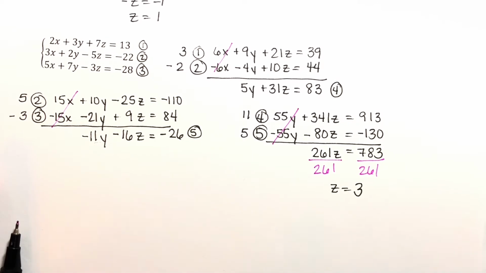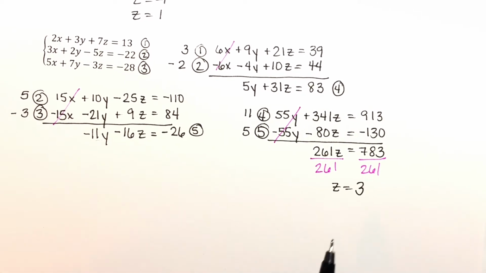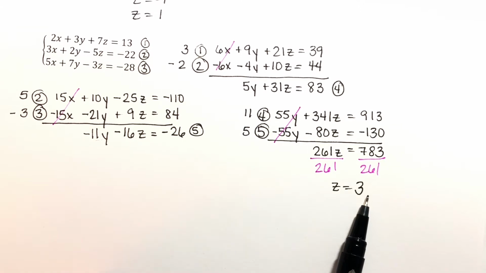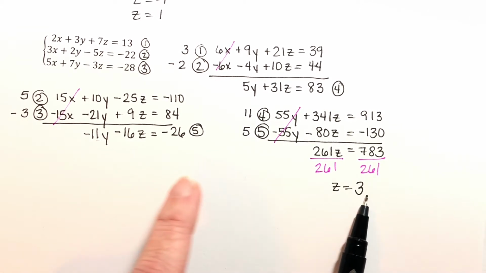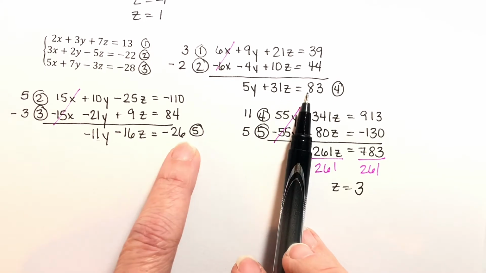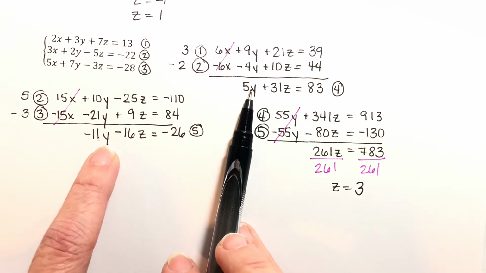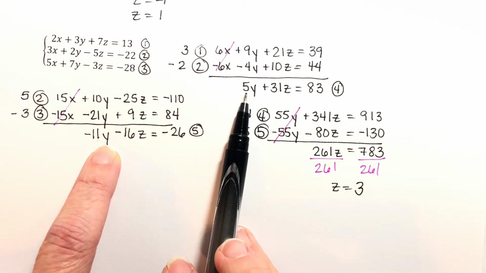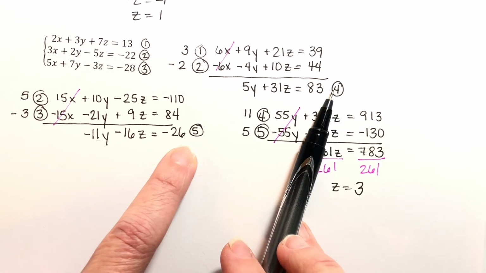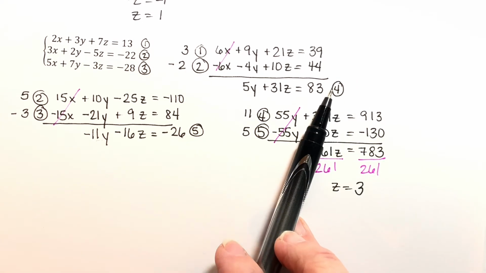So I have one of my 3 parts. Now I need to take this value and plug it back in someplace where I can get another answer quickly. And that would be in either 4 or 5, because I know if I know z, I'll be able to figure out y. I can plug into either one, but I like the numbers in 4 better.